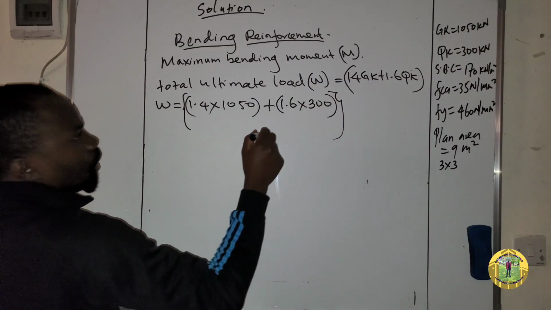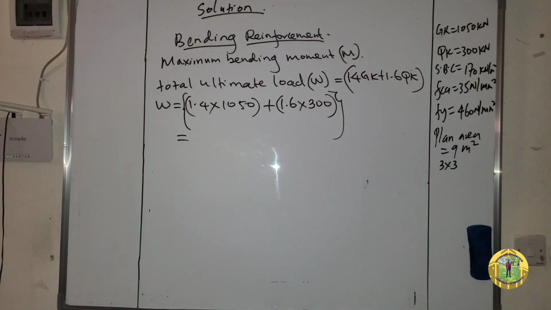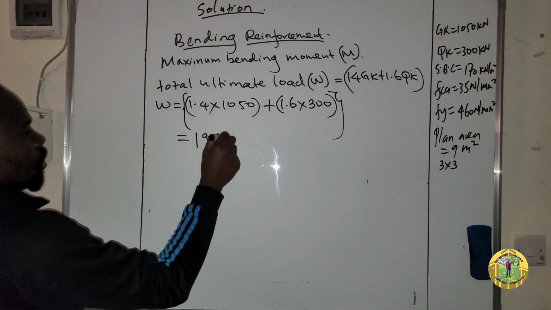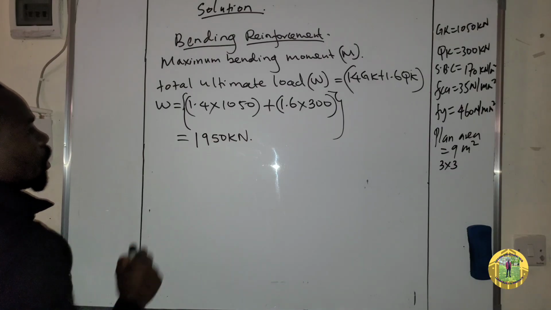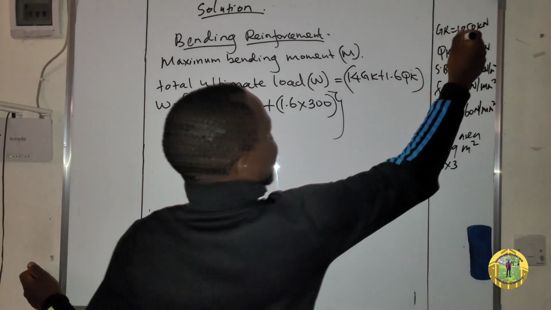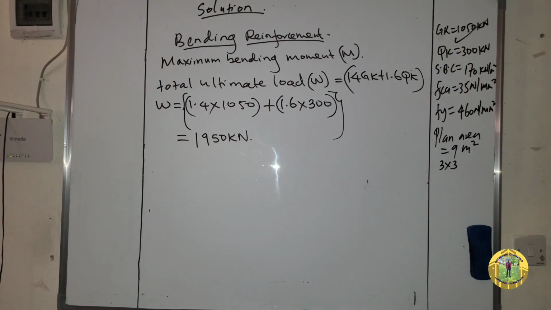So this one is equal to 1950 kilonewton. So someone can ask, why are we using GK as 1050 and not the one you calculated earlier?